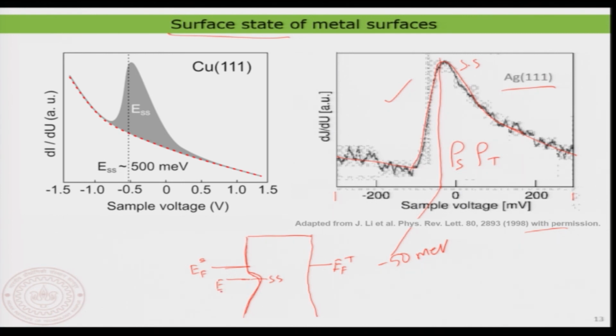I have only shown you two particular examples, but you can clearly do this kind of experiment on any surface, and then you can measure the density of state. Typically, I will also show you a little later a lot of measurements done by making add layers on top of copper 111 or silver surfaces, where we assume that the density of state of the copper is kind of flat near the Fermi level, and then we can use this kind of spectrum in understanding the add layer structure itself.